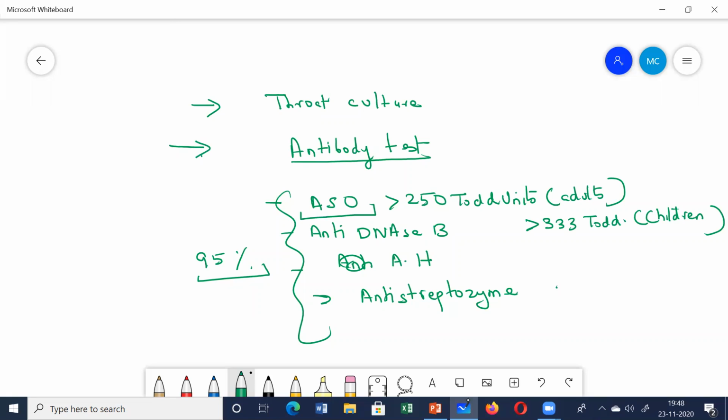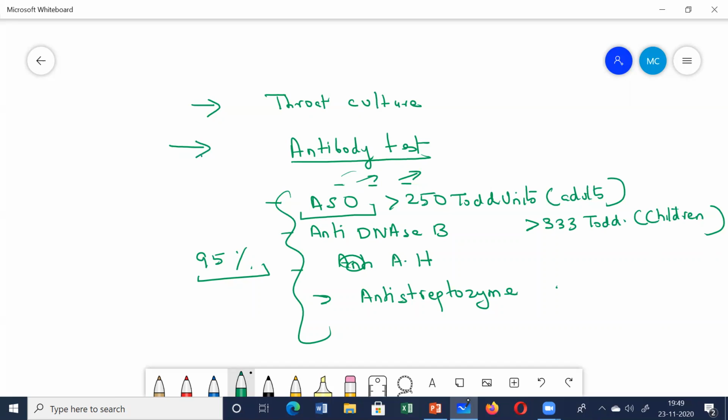And even more sensitive is a rising titer. If you take titers and find that there is a rise in the ASO titer, a rising ASO titer, that is even more sensitive. Okay, so these are the different antibody tests which you are going to do.